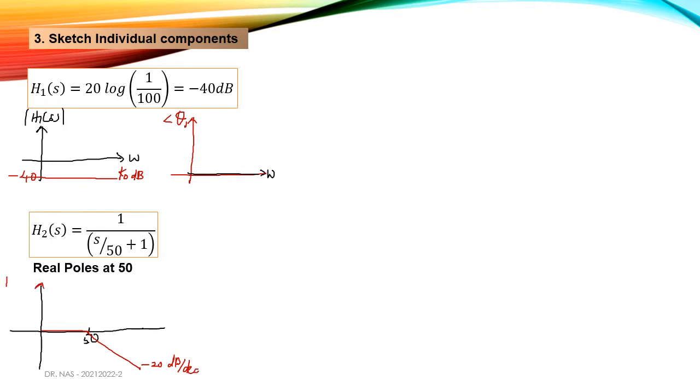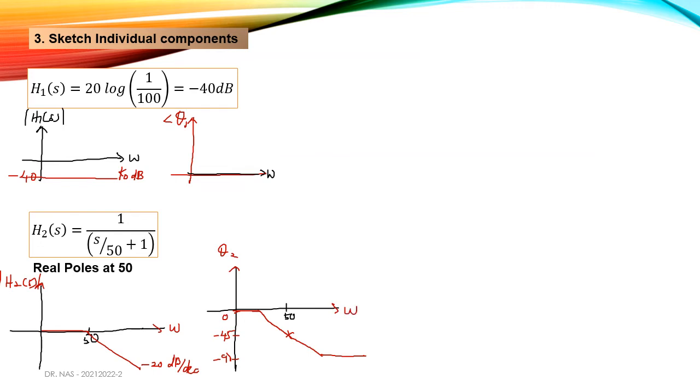This is your H2 magnitude across omega values. About the phase, when it is a pole, again a negative trend, so at 50 it must be negative 45, and then you extend the graph to the earlier decade and the next decade, and the rest will be 0. So this is your theta 2. This is negative 90, here is 0, and here is omega.